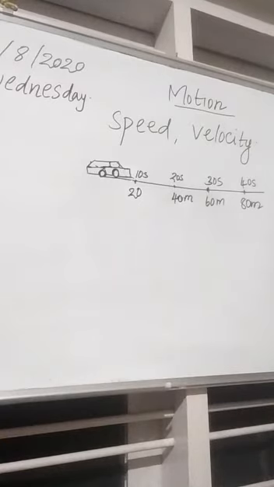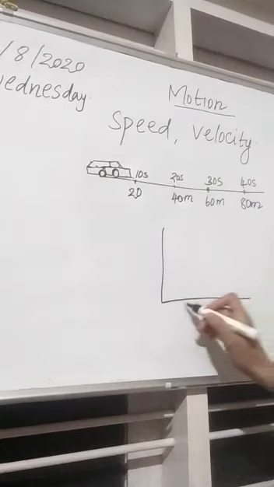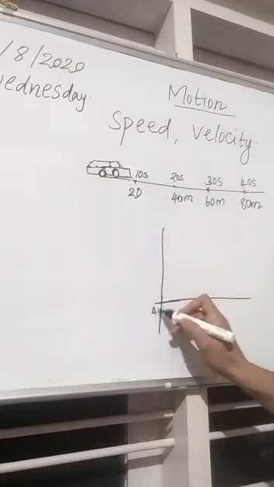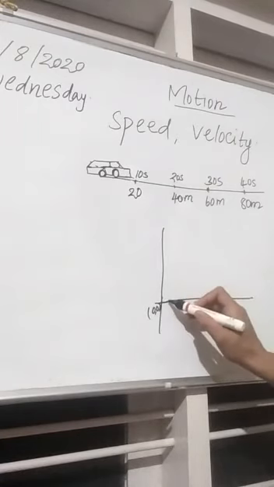Now, let us see what is the graph of this object moving with uniform speed and uniform velocity. If we plot a graph, here in this graph this is the x-axis, y-axis, and we take the origin.